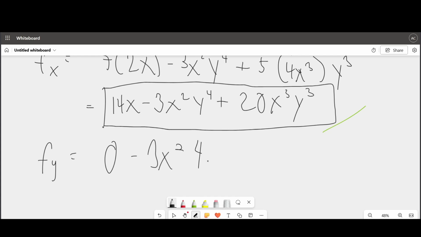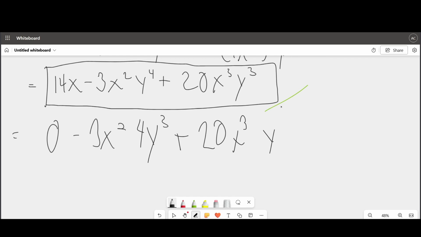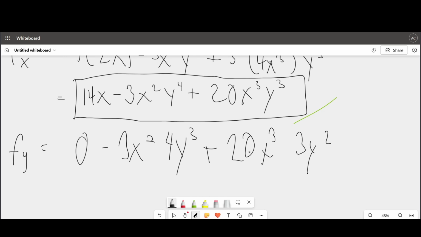So I believe it's going to be 4y cubed plus, it's probably going to be this way, but I'm not sure yet, so let me just write out the differentiation. y cubed plus 20x cubed, we got y, 3y squared. I think it's going to be the answer.